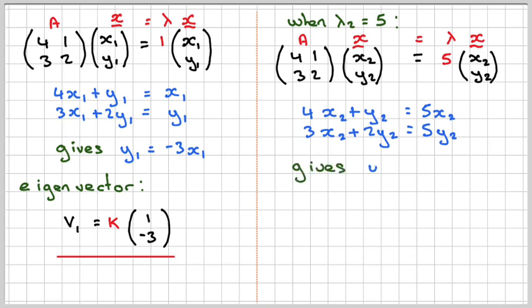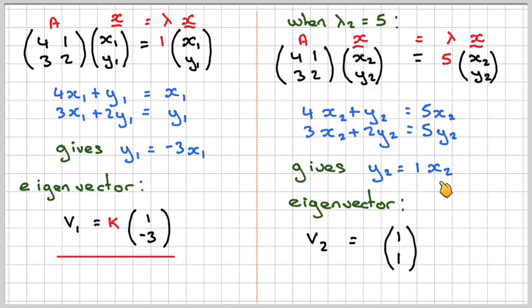And this will give y2 is 1 times x2. So that eigenvector v2 will be (1, 1), because if x2 is 1, then y2 would have to be 1, but any multiple of that will also give the eigenvector. Okay, so that shows you how to find the eigenvectors.